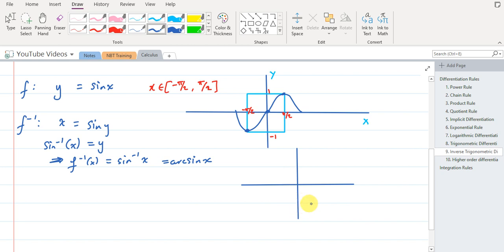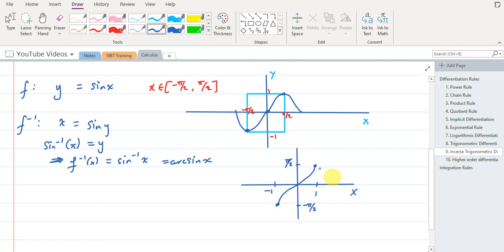The arc sine x graph looks like this. The coordinates are reversed. This is pi by 2 to minus pi by 2, and this is -1 to 1.